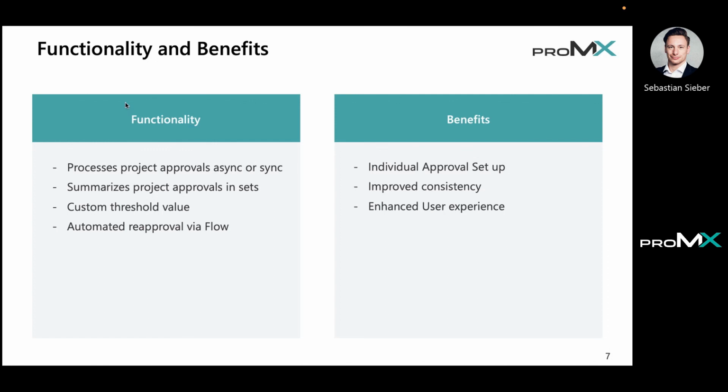The difference here is that when the user is approving 10 records in the old feature setup, those 10 records will be processed, and it will take some time. In the new one, if it's set to asynchronous, he gets a small pop-up. We will see that in a minute. Then he approves that, and he can directly go further and work on the system. So he's no longer blocked in his actions while waiting for the approval, and he can just continue working on everything else.